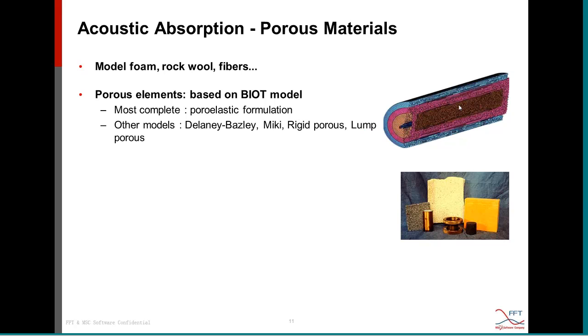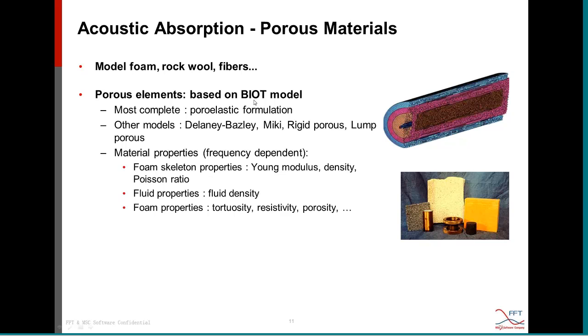So with the Biot model, we are dividing the material properties into different groups. First, the foam skeleton properties, which include the Young modulus of the skeleton, the density, the Poisson ratio, etc. And the fluid properties, which is basically the properties of air. And a group of properties that describe the interactions between the skeleton phase and the fluid phase. These properties are the tortuosity, flow resistivity, and porosity, etc.